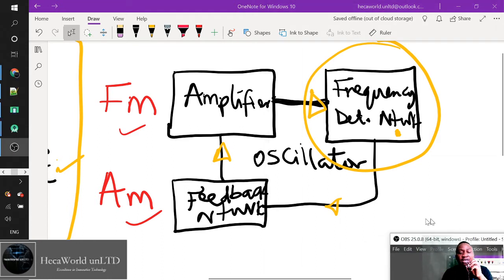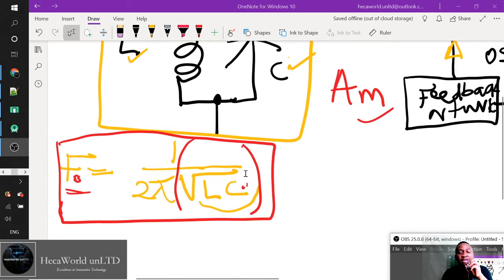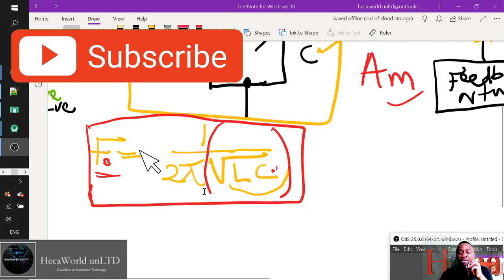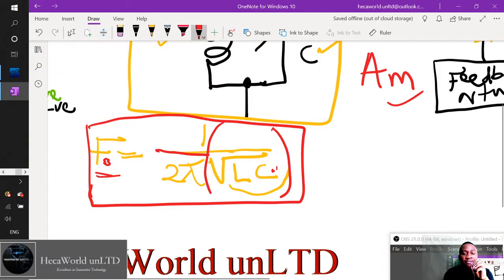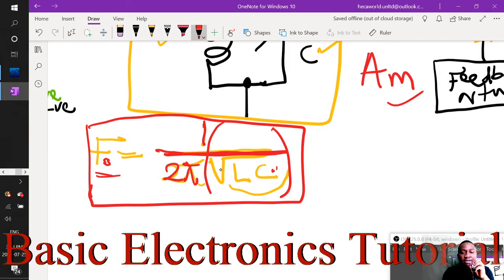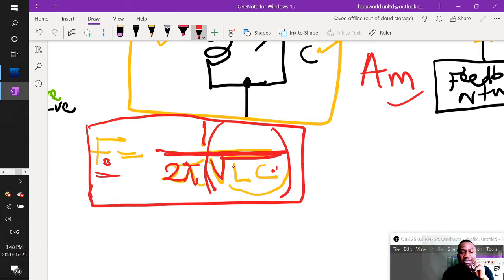And then once you get your tank circuit, observe this formula: F is equal to 1 over 2 pi, so this 2 is actually under, right? So 1 over 2 pi square root of LC. When you do this, you're going to get a value of F, and you can use different values of C and also corresponding values of L to get the same F. Let's say your L is 1 and your C is 2.